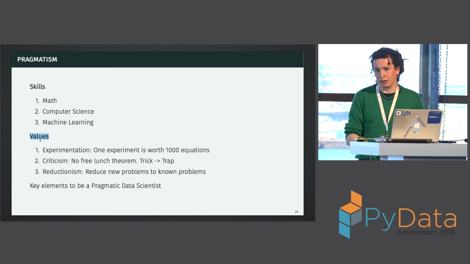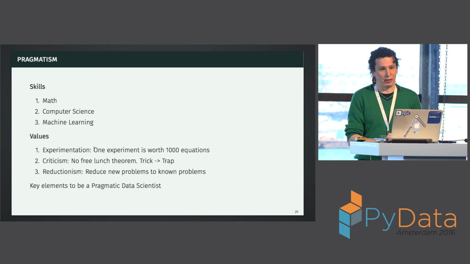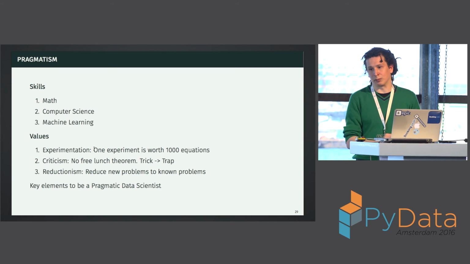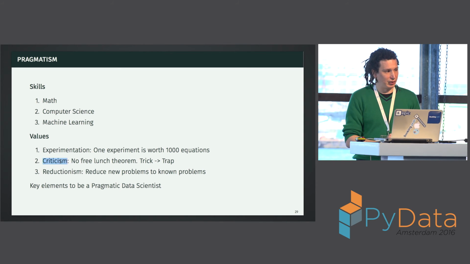Everything I spoke about is at least represented by experiments. And it's one of my values that one experiment is worth 1,000 equations. You can write as many equations as you want, but if you have one successful experiment, that's when you actually make a step forward. And criticism is also a very important value.